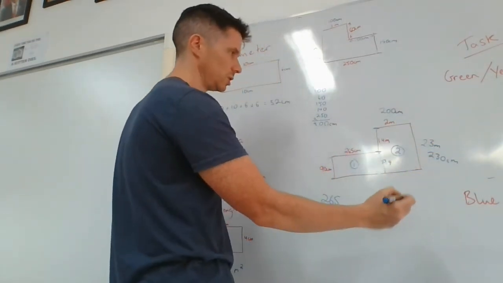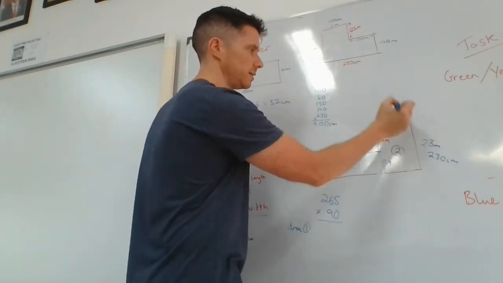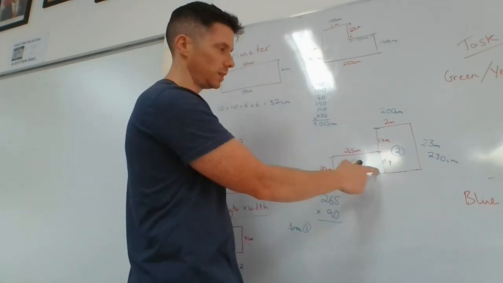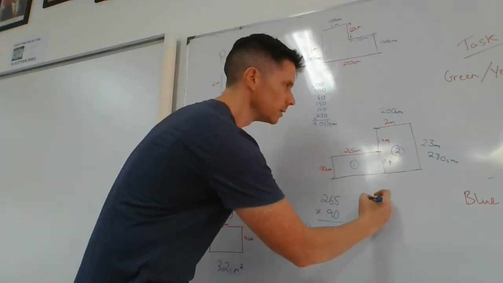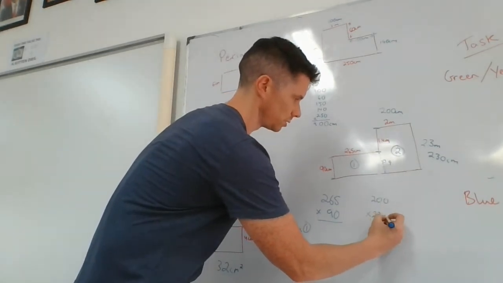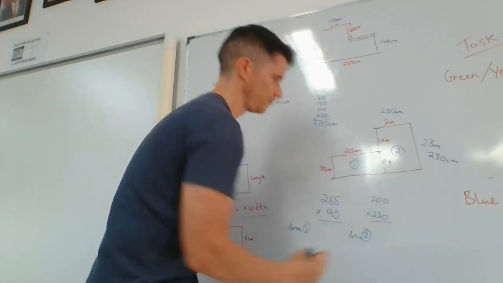So now, area 2, the width, 200 centimeters, the length, 230 centimeters with the 1.4 and the 0.9 added. Okay, so 200 multiplied by 230, and that's going to give me area 2.